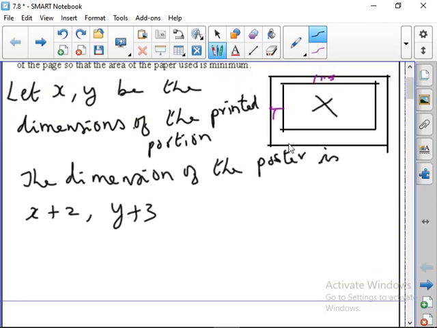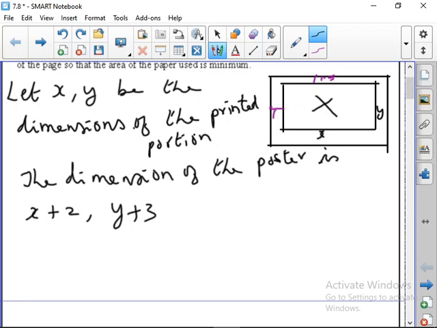See here, this is x and this is y. So, x plus 2, how do you get it? This is x, and this is 1 centimeter and this is 1 centimeter. So, 1 plus 1 is 2, and we get x plus 2 as the dimension of the poster.